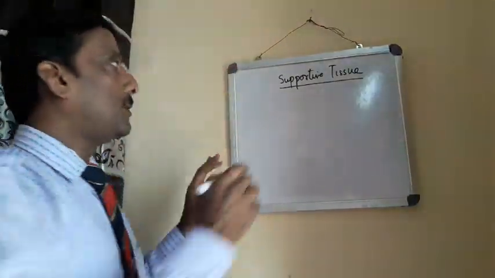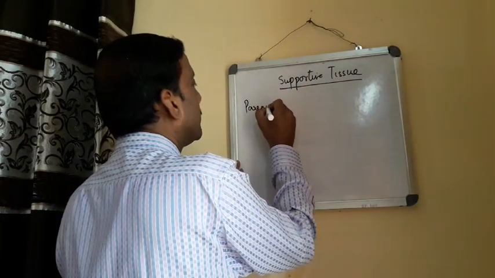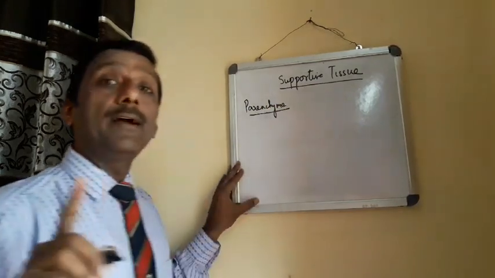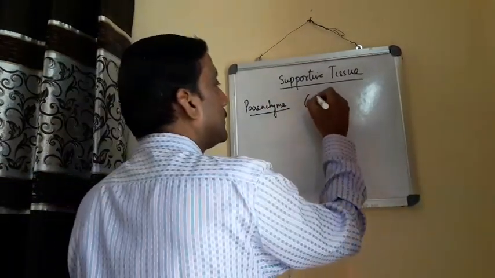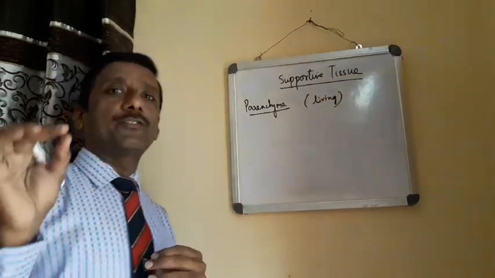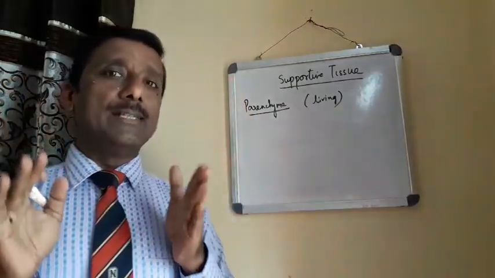There are three types. Number one is parenchyma. First of all, parenchyma are living cells. Now, the location and function we need to understand.